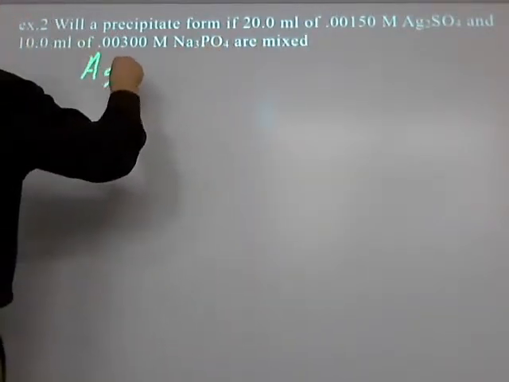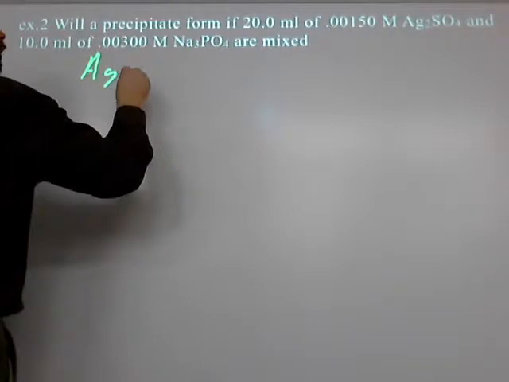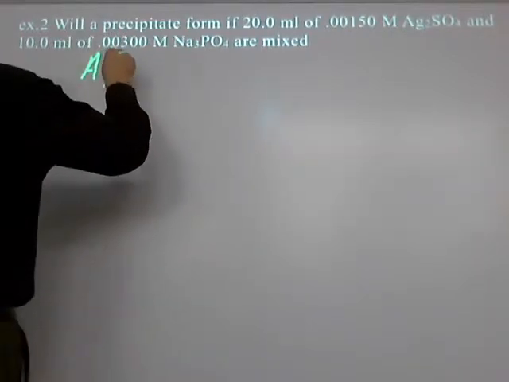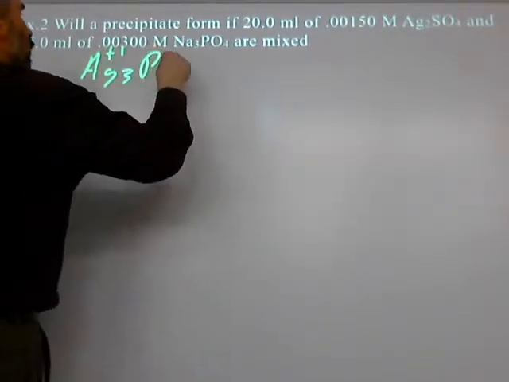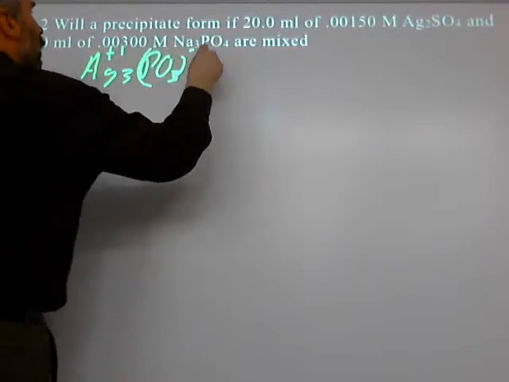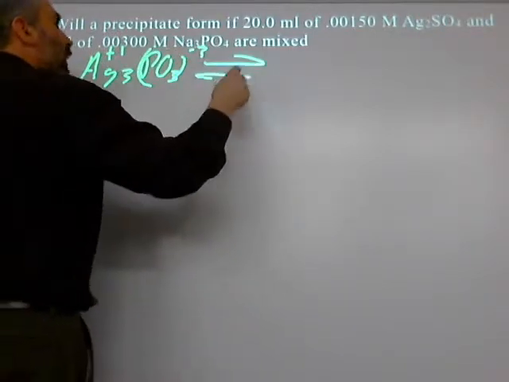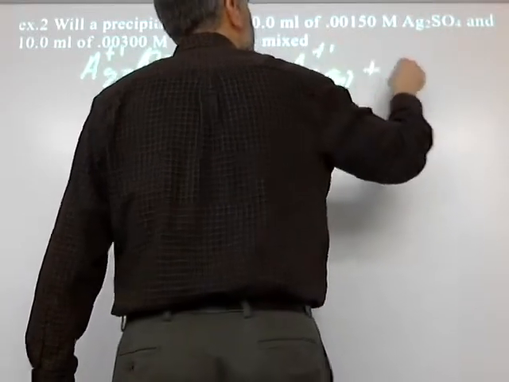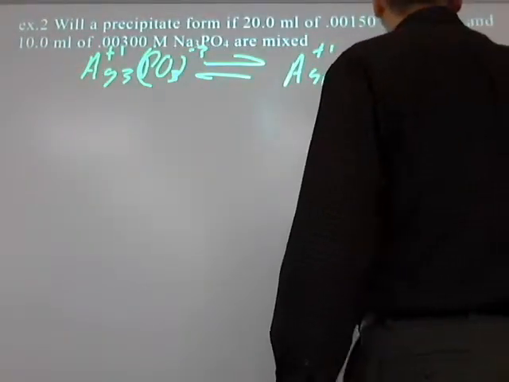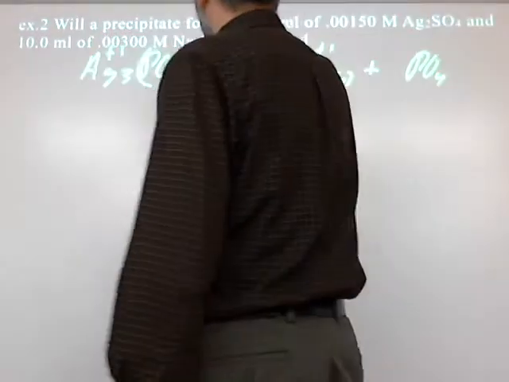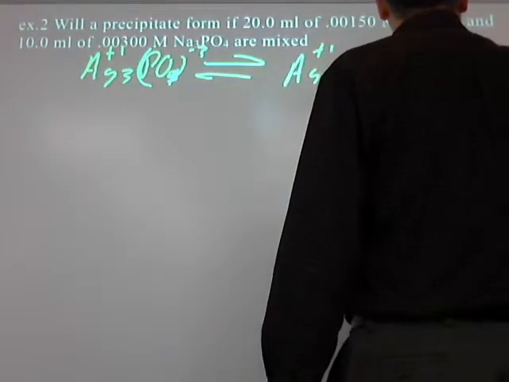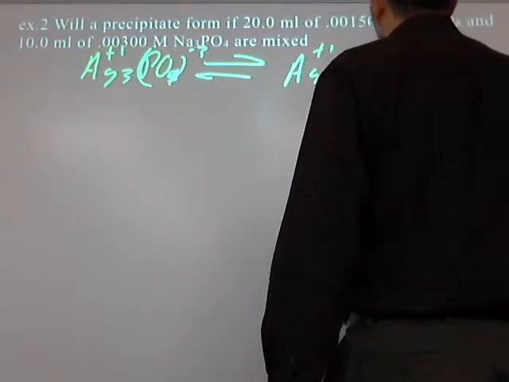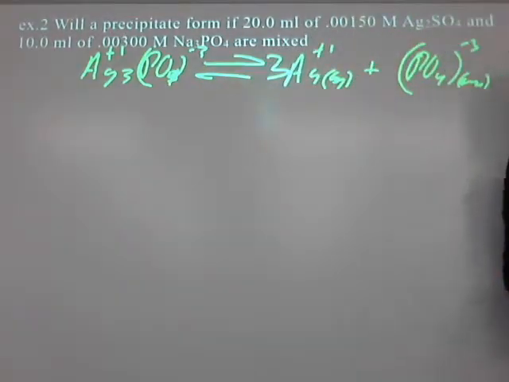So Ag, and you have to write them correctly. +1, because phosphate is a -3. So it's Ag3PO4. It's breaking up into silver ions, aqueous, +1, plus phosphate ions, aqueous, and I have 3 of them. Okay?